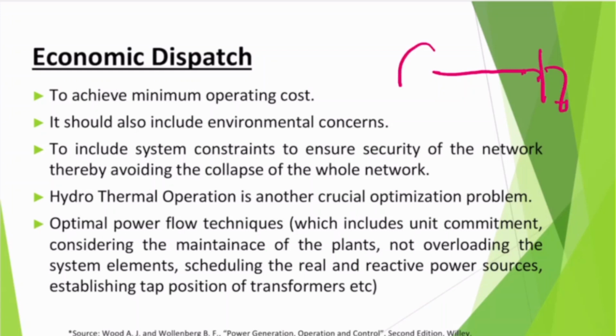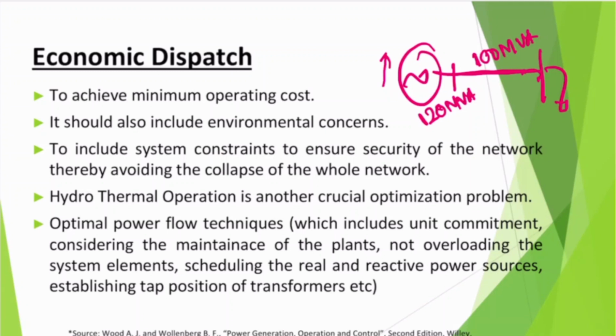If I keep on increasing the generator output to make it economical, but the transmission corridor is not capable of carrying it, imagine the capacity is 100 MVA and I like to produce 120 MVA of power, certainly we cannot carry it. So there is a violation of security.